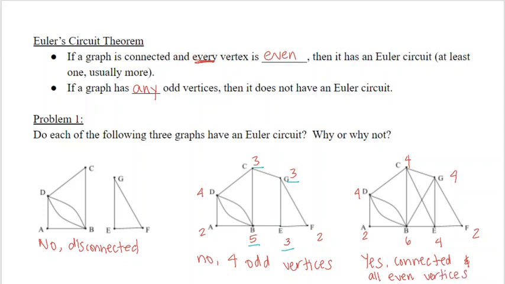So we will have an Euler circuit. I challenge you to try to find an Euler circuit through this graph. Remember, you cross each edge exactly once and you start and end at the same place.